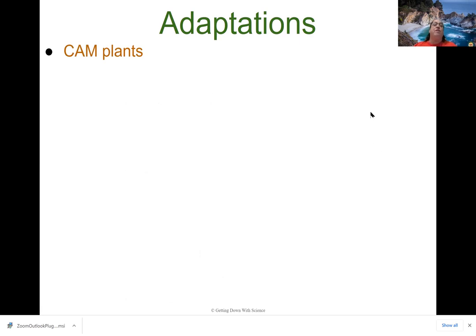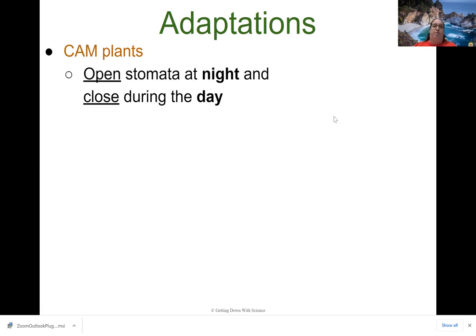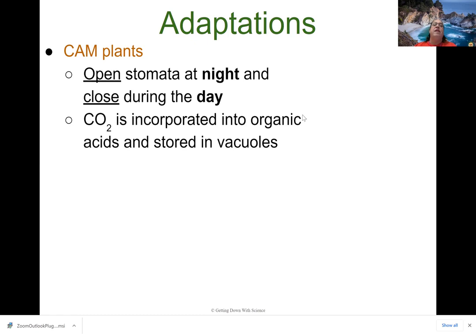And then we have what we call the CAM plants. These will open the stomata at night and close it during the day. Obviously, at night when it's cooler, there's less of an issue of transpiration, loss of water. Carbon dioxide is incorporated into organic acids and stored in the vacuole.